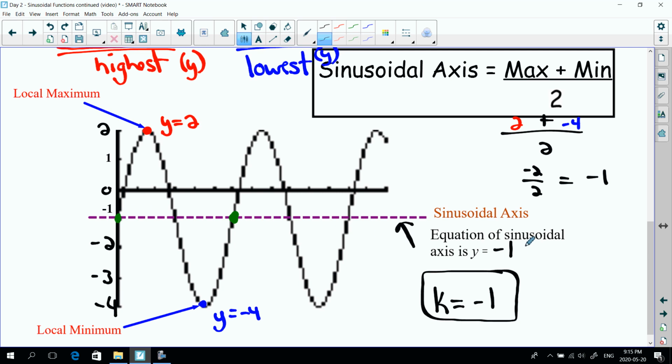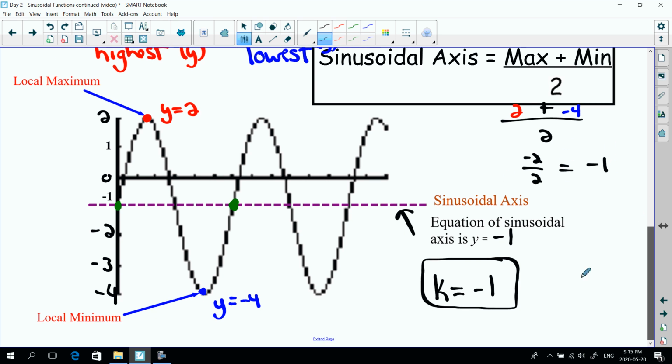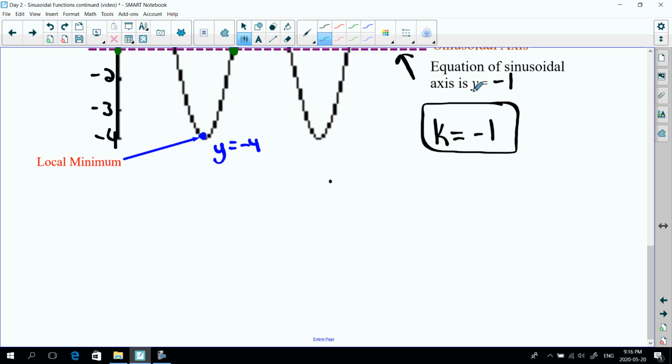It has the equation y equals -1. So when they ask for the equation of the sinusoidal axis, since it's a horizontal line, it will always be y equals whatever this calculation works out to be. Should be noted that it's equal to the vertical displacement too. So if the sinusoidal axis is at y equals -1, k, your vertical displacement or vertical translation, is also -1.